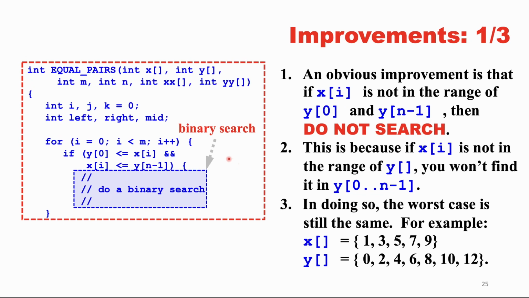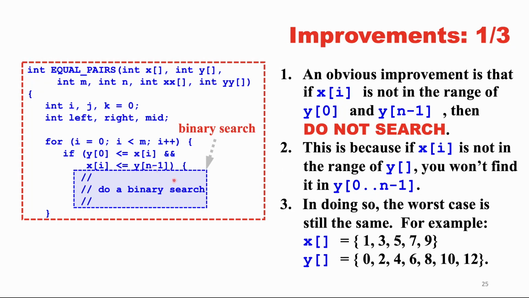First of all, we could determine whether xi is in the range of y. So as long as xi is greater than or equal to y0 and also less than or equal to yn minus 1, we do search. So that would cut down the number of comparisons.